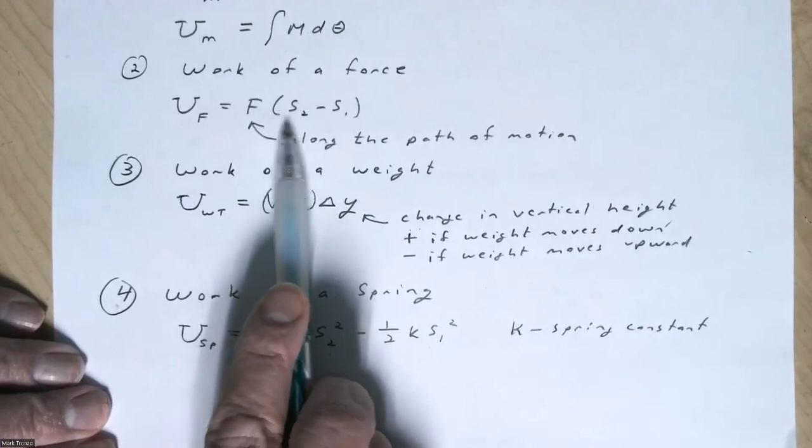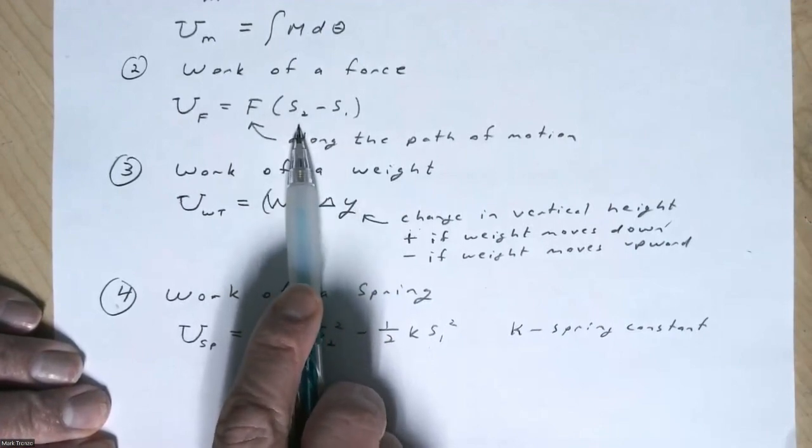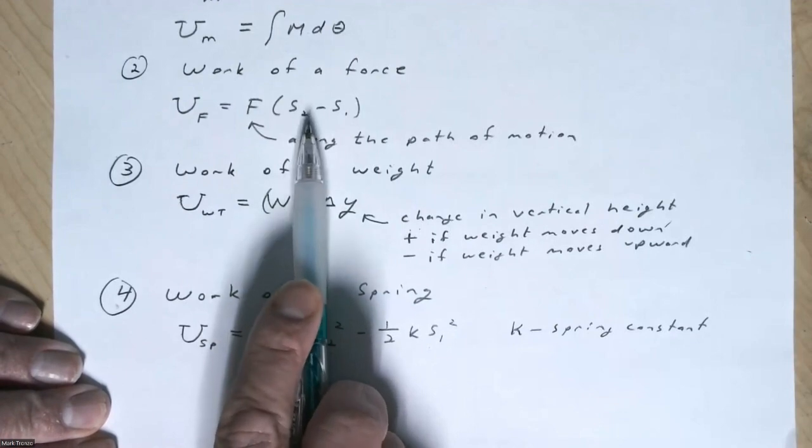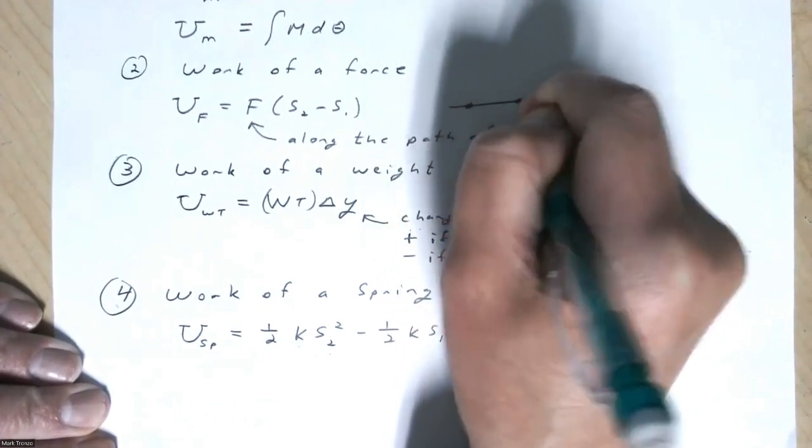And also, by the way, up here, this S2 and S1 would be your final distance minus your original distance. It'd be like how far you've moved along the path.